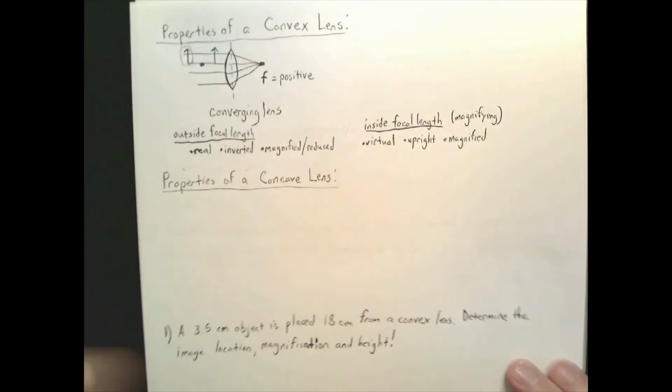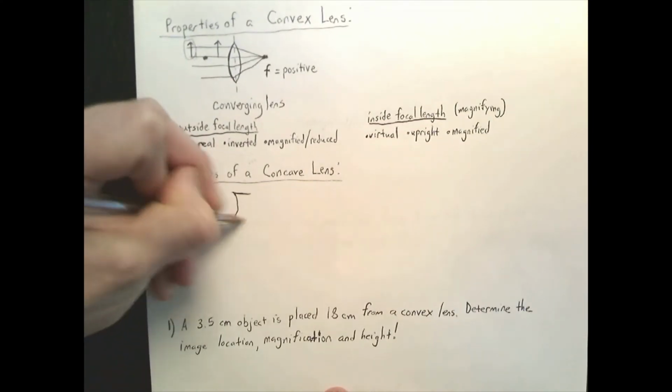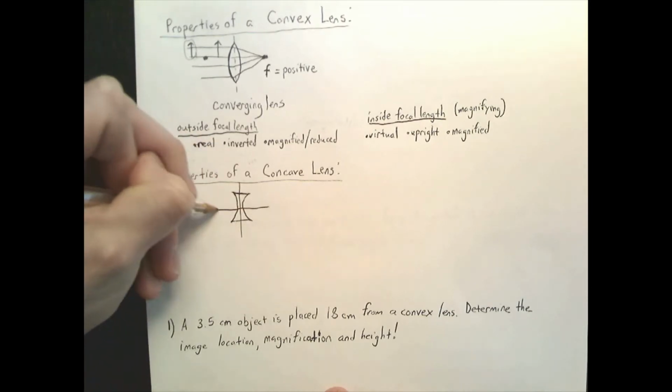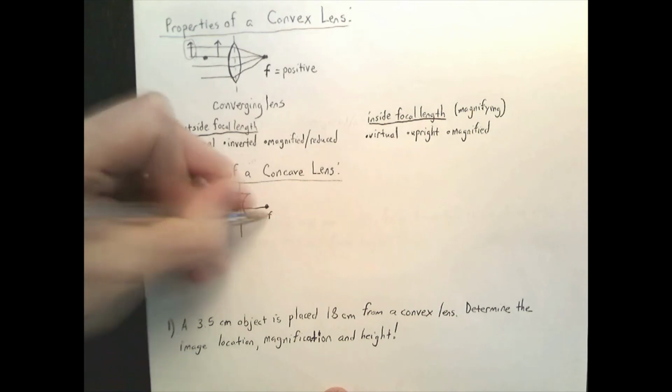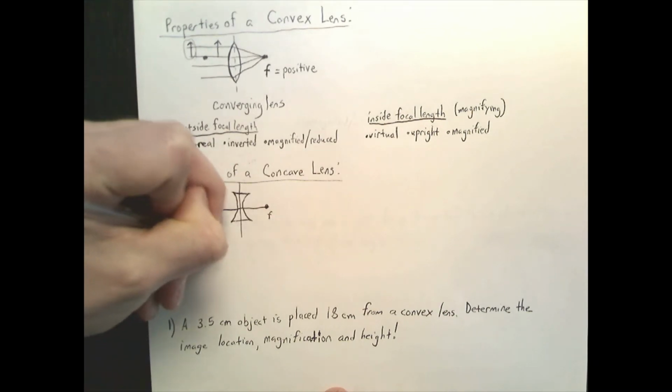So that's our convex lens. A concave lens is shaped like an hourglass. Just like the other one, it has a focal length on both sides. This is a diverging lens.